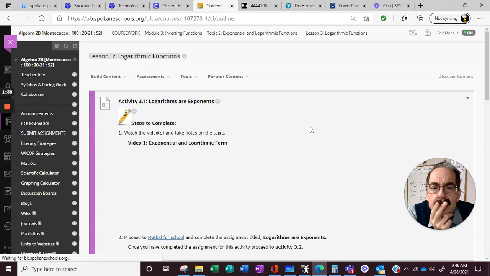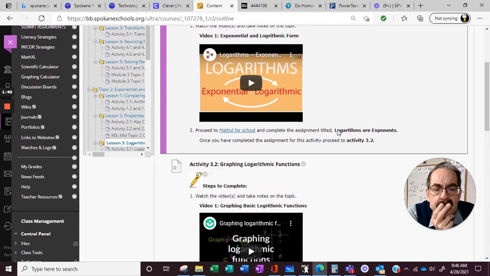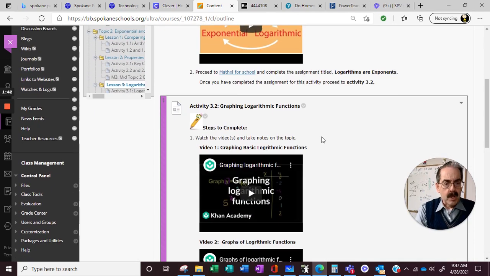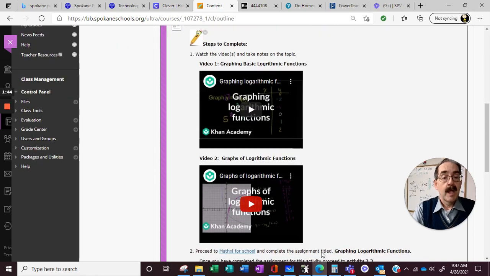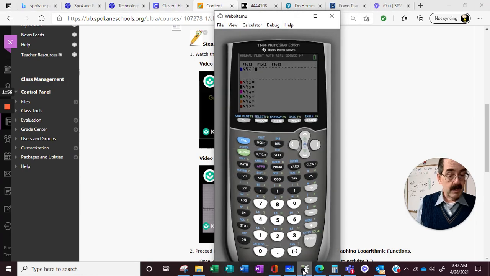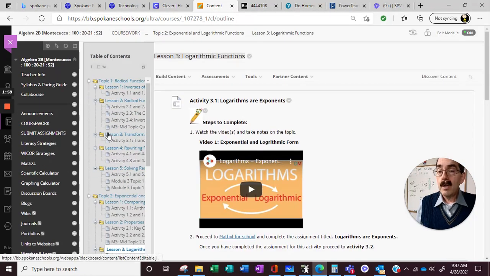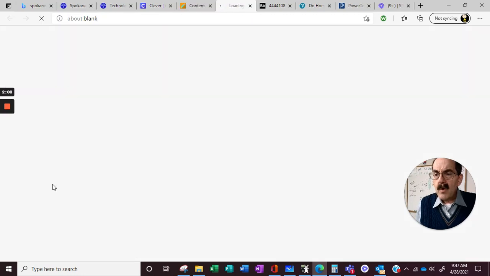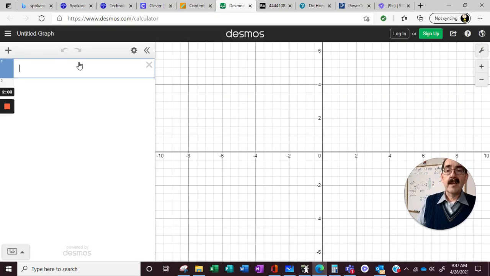Let's go to logarithms. Convert to a logarithm, graphing logarithmic functions right here. I thought we'd do a couple of these today because it seems like a lot of you either have the handheld version of the TI, or you have the Wabbit already on your computer, or the graphing calculator, the Desmos.